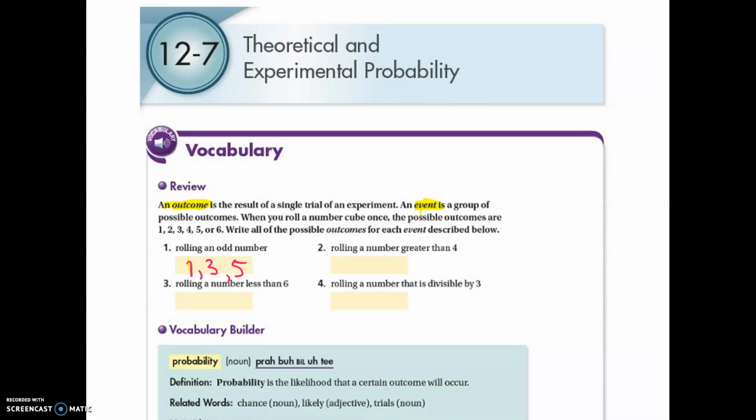So those are the outcomes in that event. Same thing with rolling a number that is divisible by 3. So that would just be 3 and 6 in this case. So anytime you're writing the outcomes, you're specific to the event that is listed.